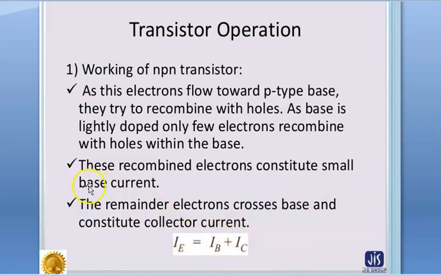Therefore, the current entering the transistor, IE, is equal to the base current IB plus the collector current IC.